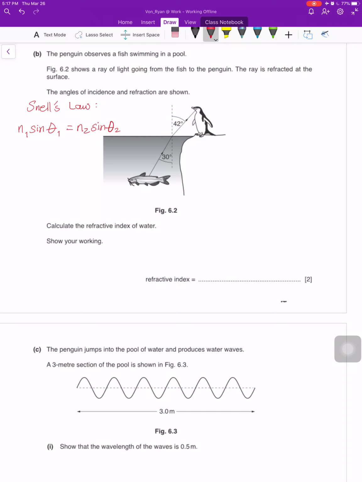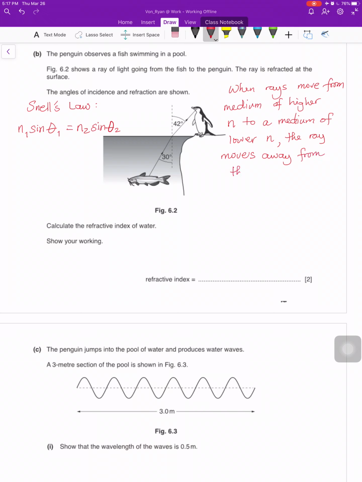Now remember that when rays move from a medium of higher refractive index n to a medium of lower refractive index, the ray moves away from the normal, which is observed in this situation.